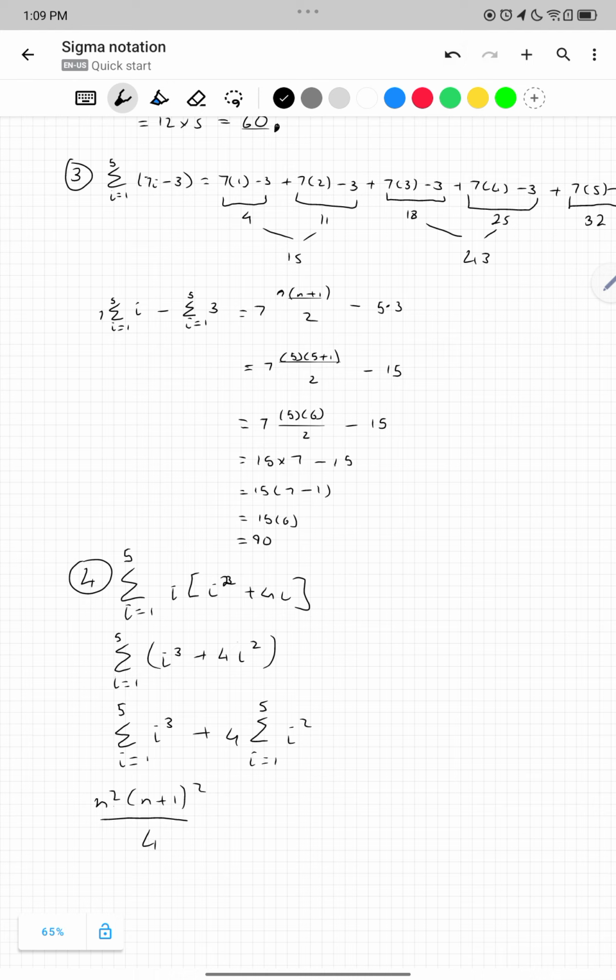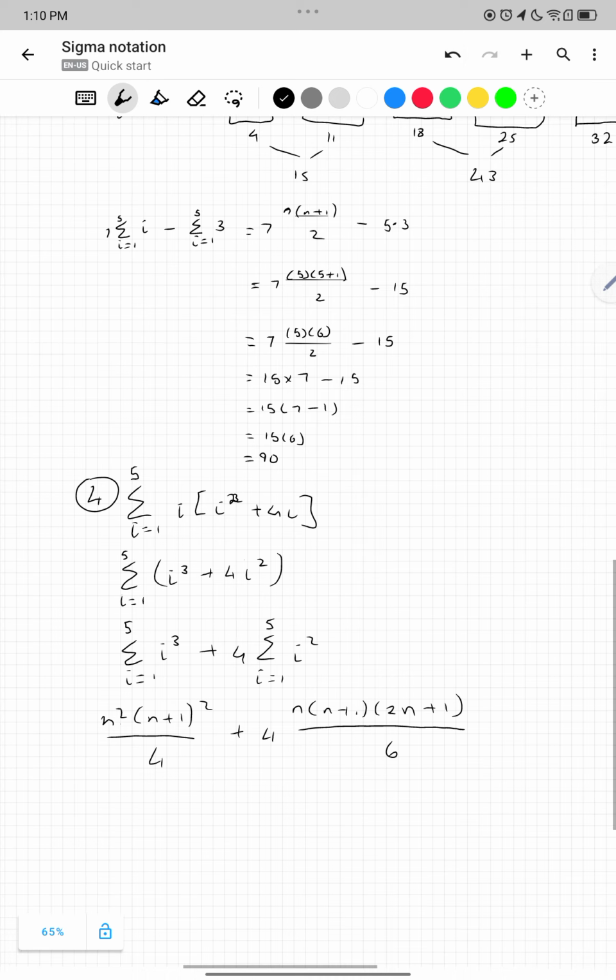This is like the first formula squared. It's the first formula squared, basically. And then here we have 4 times n, n plus 1, 2n plus 1 all over 6.